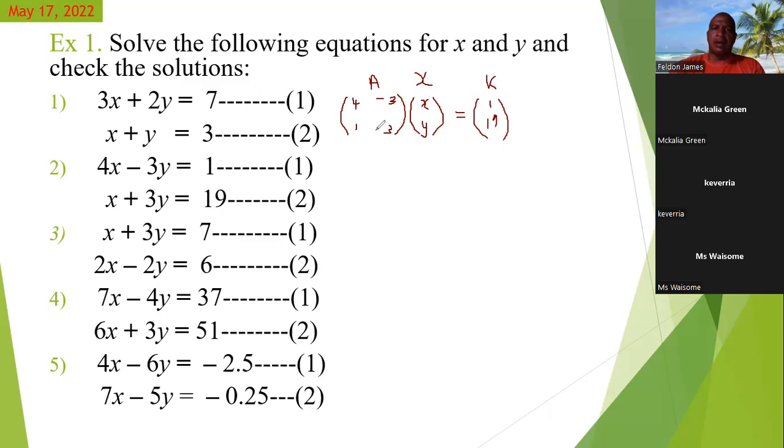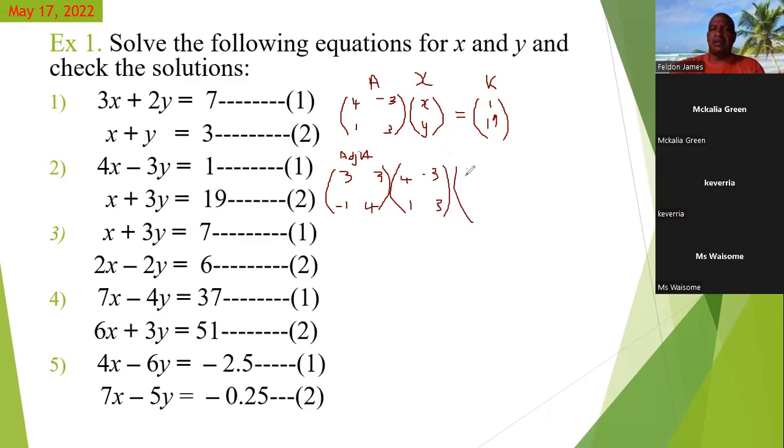All right, so our adjoint of A would be 3, 4, 3, minus 1. So that's adj A. And so we have A: 4, minus 3, 1, 3.